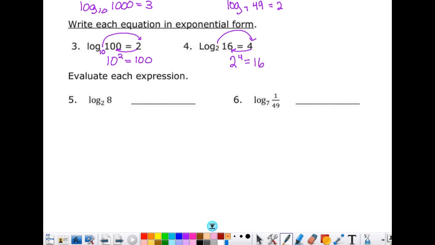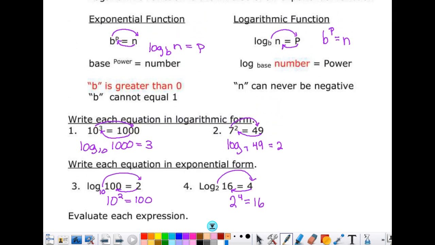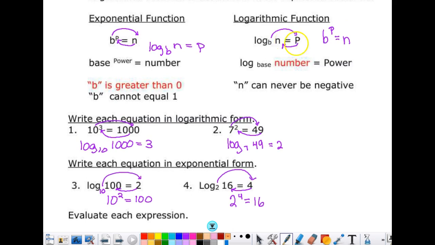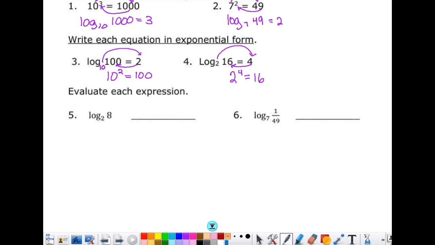Now this says evaluate each expression. If you look back up here, when they're in log form, you end up with an equals p. That's your power. So we're going to say equals p. Now we can just do the circle thing. 2 to the p power equals 8. So we're trying to solve for p. In order to solve for the exponents, the bases have to be the same.